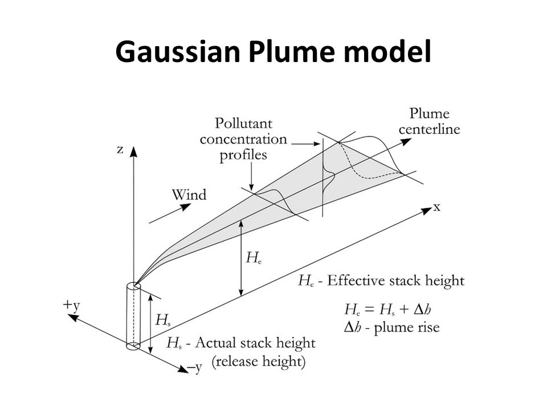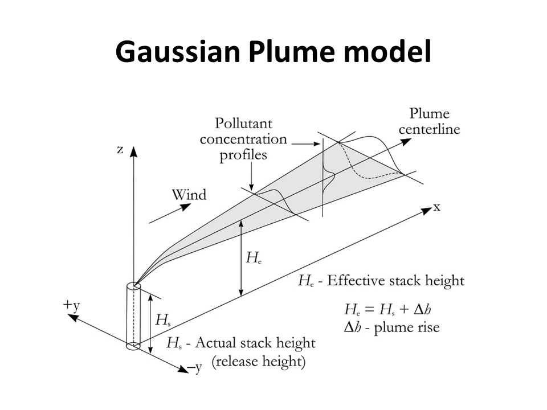This figure shows clearly how the dispersion of the pollutant happens. You can also see the plume center line, and the three axes, that is the x, y, and z axes, all of them perpendicular to each other.